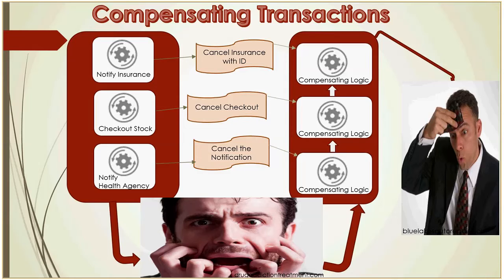But by the time I chicken out, probably the insurance company has already paid the pharmacy. So your compensating logic needs to verify that, and if it has already been paid, you need to refund that payment to the insurance company because I did not take any flu shot, and act appropriately on your existing system. So that's what I mean by compensating logic.